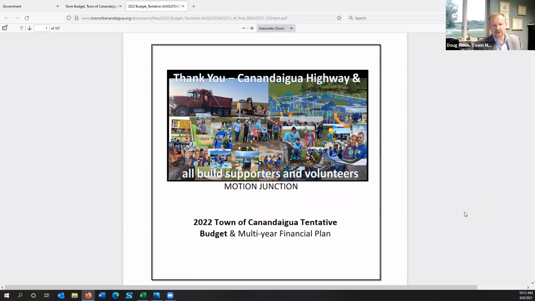And you see the cover sheet here. The cover sheet is quite a few photos relative to the construction of Motion Junction. That's the new, fully inclusive playground being constructed on Outhouse Road in the town of Canandaigua at Richard P. Outhouse Memorial Park.